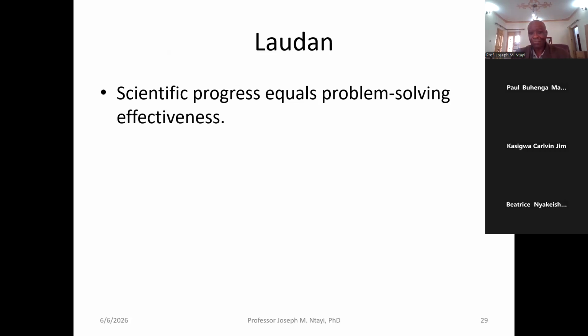One, must solve an unresolved problem, a pressing problem within a particular community. Then two, you must be able to contribute knowledge. So, according to Larry Laudan, he actually proposed what we call a problem-solving model of scientific progress.